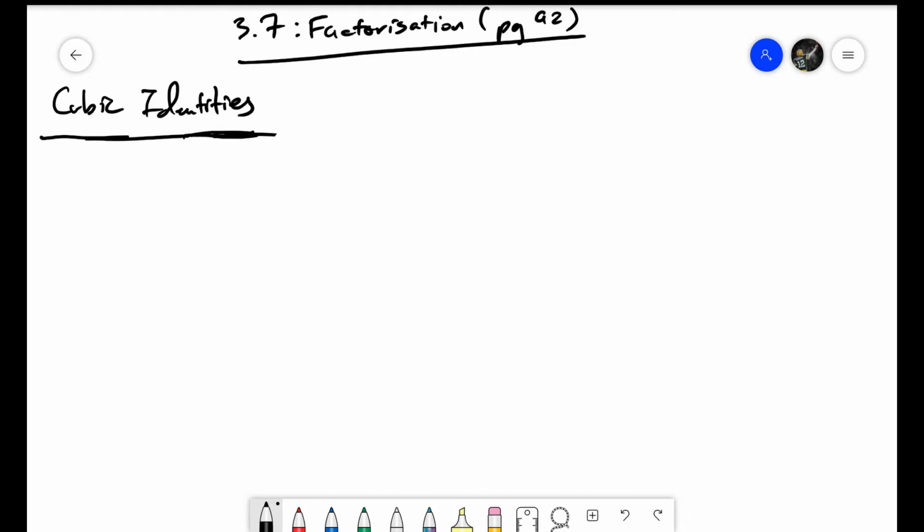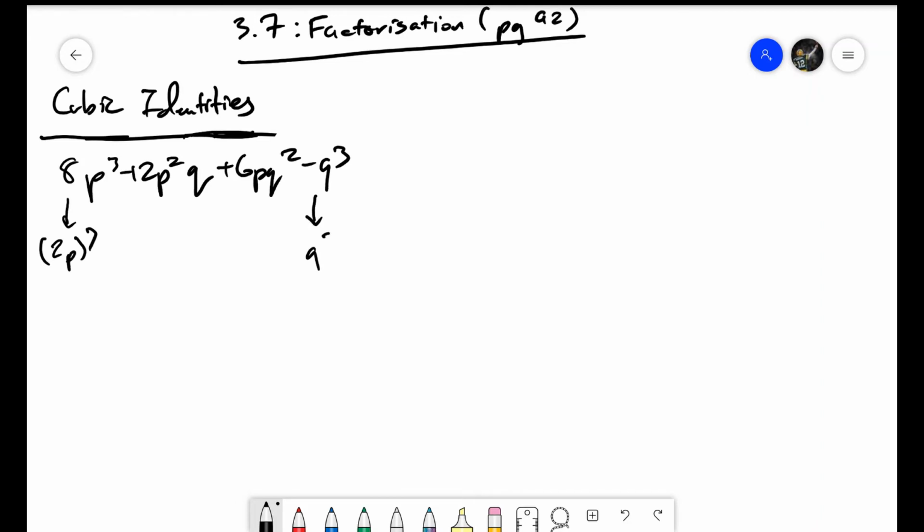The next problem is to factorize 8p cubed minus 12p squared q plus 6pq squared minus q cubed. So again, 8p cubed is equal to (2p) cubed, and this is still q cubed.